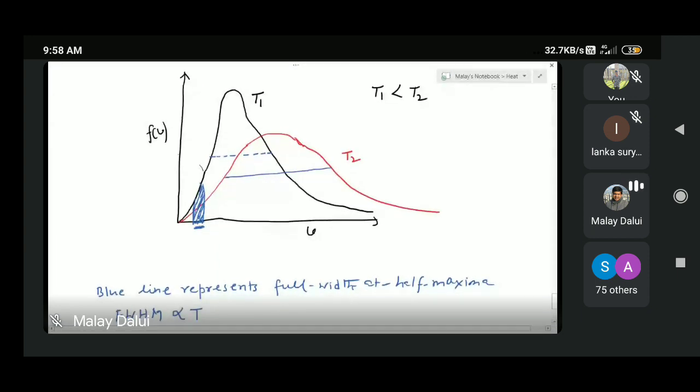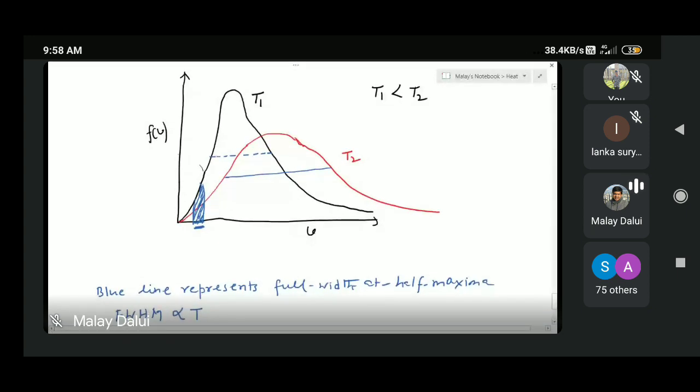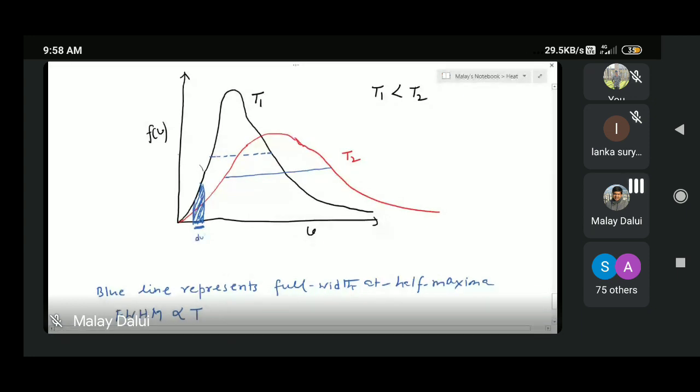So let's say this is the velocity range dv, in which the number of molecules will be given by the area under the curve. You say, okay, 300 such molecules have velocity in the range 500 to 550 meters per second. There are many molecules, and that's how they are distributed.